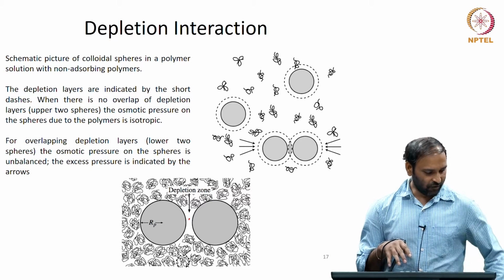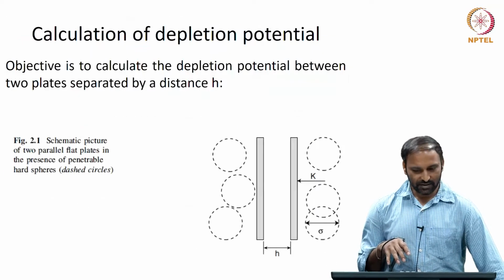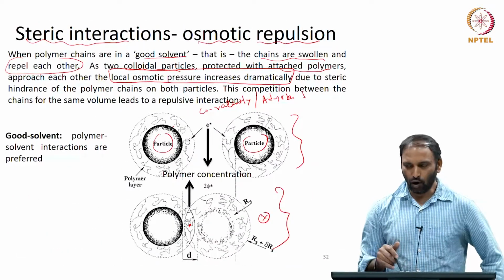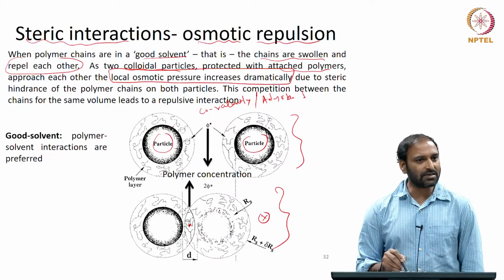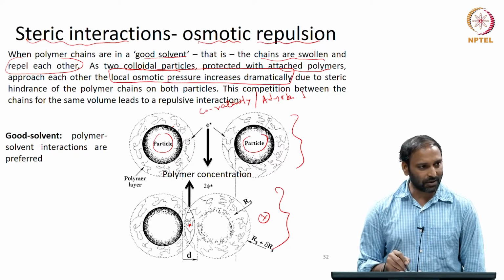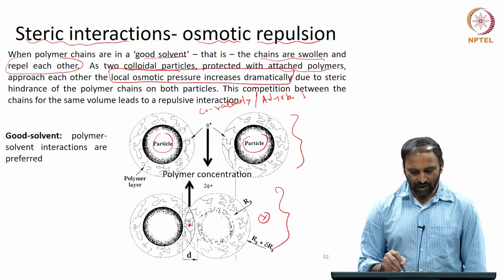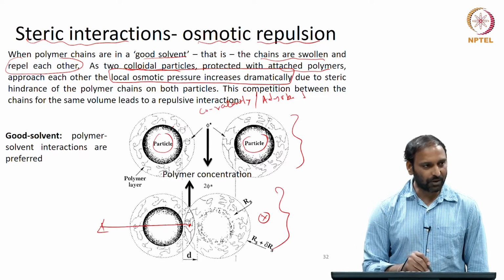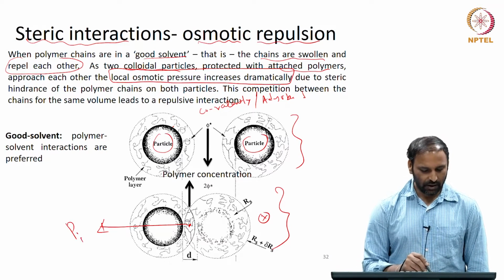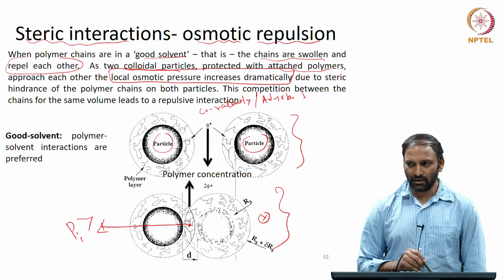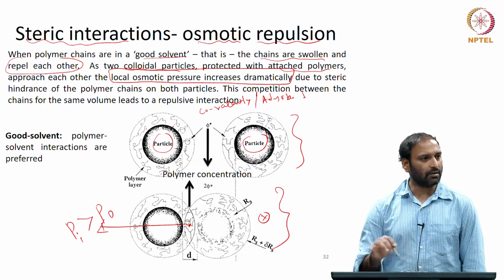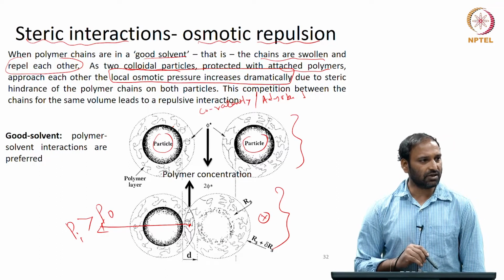However, in the case of steric repulsion, what happens is contrary. On an average, there is an increase in the concentration of polymers in the gap between the particles. Therefore, I can say that the effective osmotic pressure force in the region between the particles, that is inner, is going to be larger than the osmotic pressure force in the region that is outside.